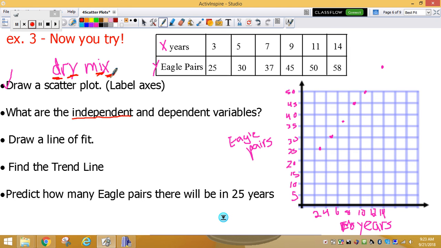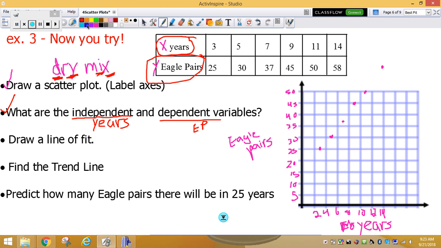Independent is the x and x is years. So independent variable, years. Dependent, the D in DRY is the y. Well, that's right here. Dependent variable is eagle pairs. I'm going to put EP. Okay, so check. Got that done.